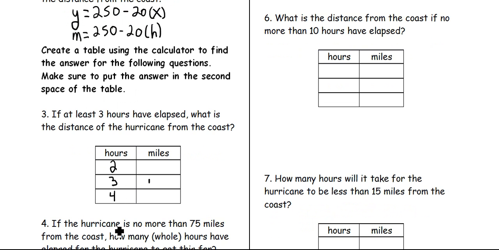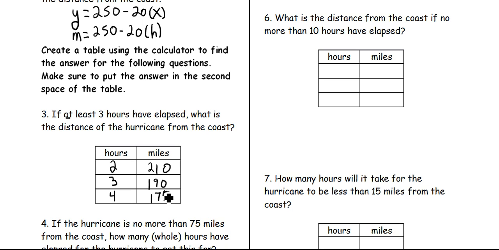Now we can look at the table that we've got up here. We can see at 3 it's 190, or you could do this with your calculator, but we can do this. At 2 hours, that means it was 210 miles away, and at 4 that's 70 less than that, so that would be 170.